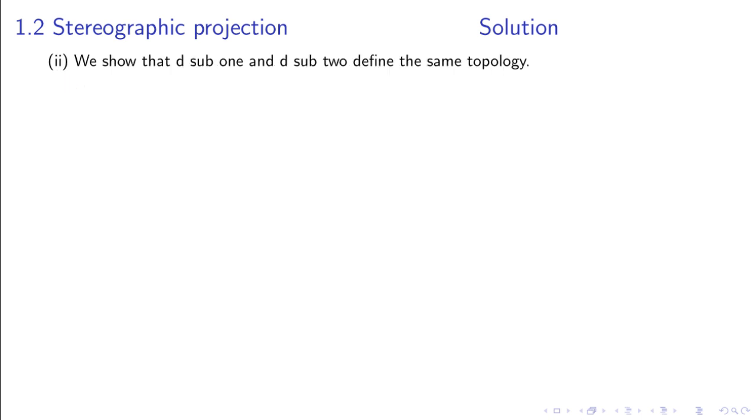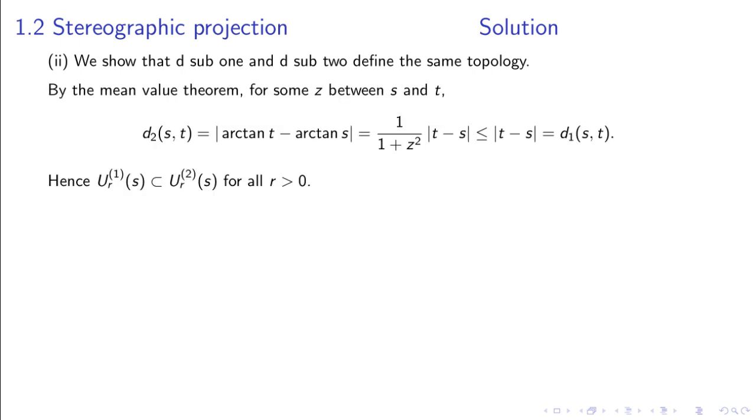Solution. Part 2. We show that d₁ and d₂ define the same topology. First, we show that every d₁ ball contains a d₂ ball. Fix s in ℝ and let r be greater than 0.